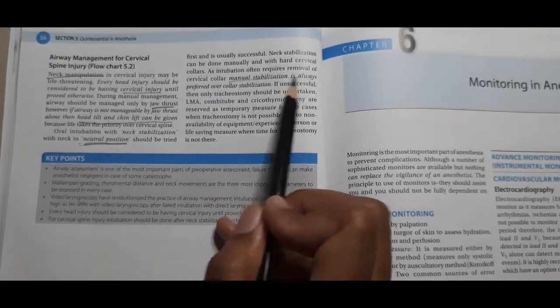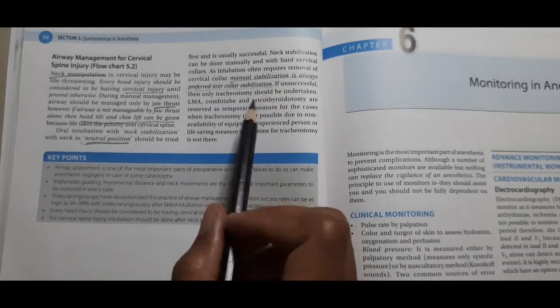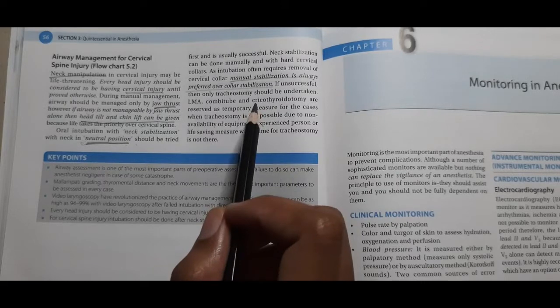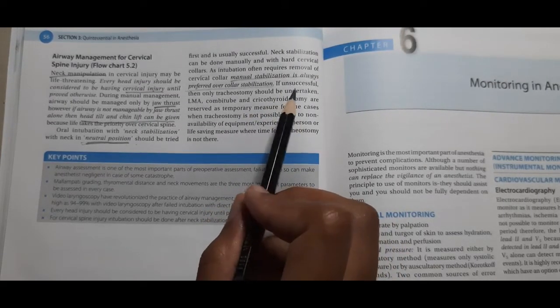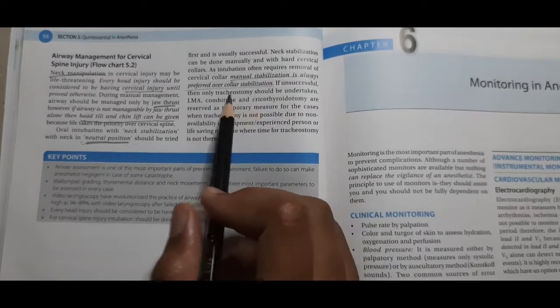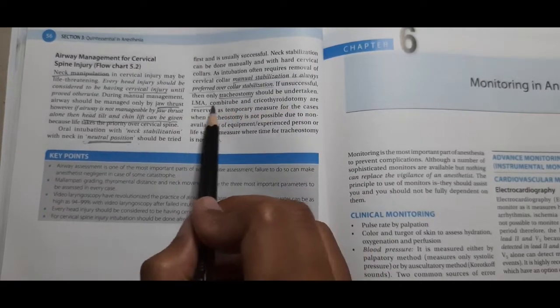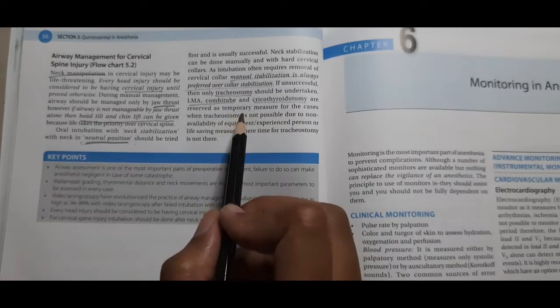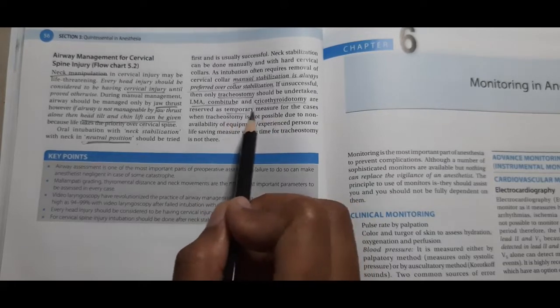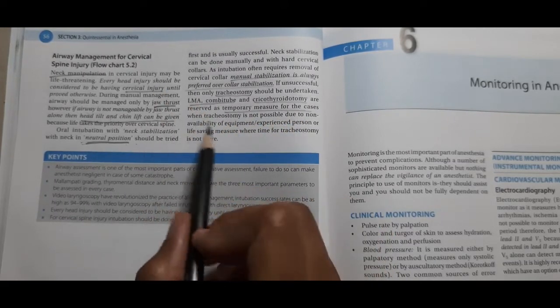If the cervical collar is removed, manual stabilization is done, so an assistant holds the neck in a stabilized position. If the intubation is still unsuccessful, then go for tracheostomy, or LMA, combitube or cricothyroidectomy can be taken as a temporary measure for cases of difficult intubation and cervical spine injury.